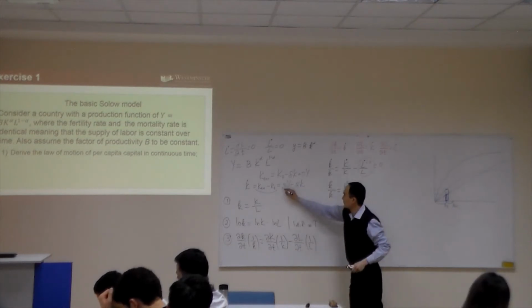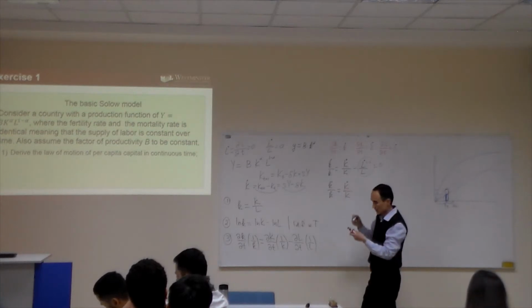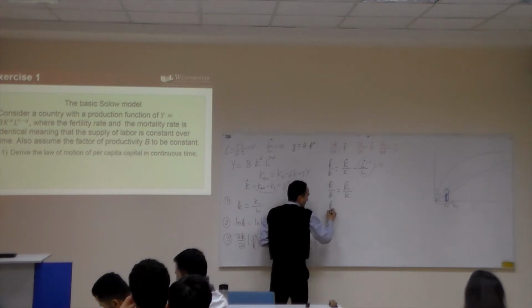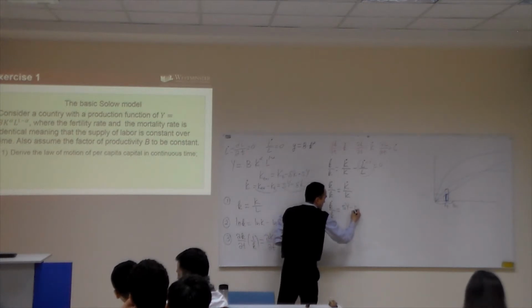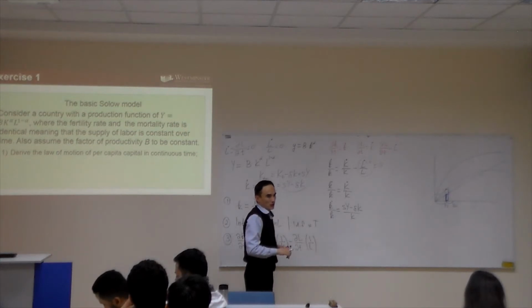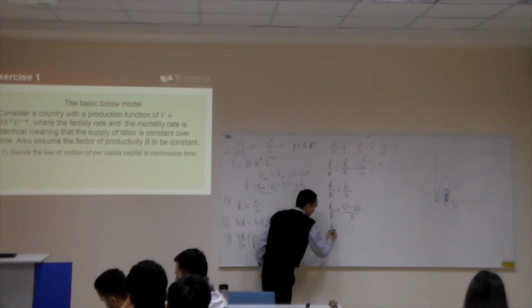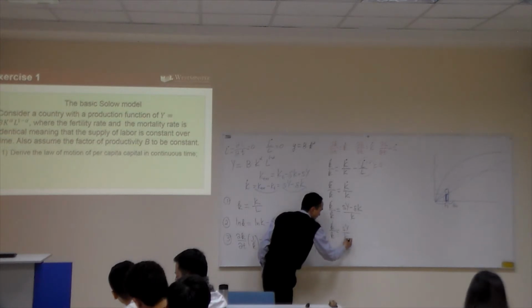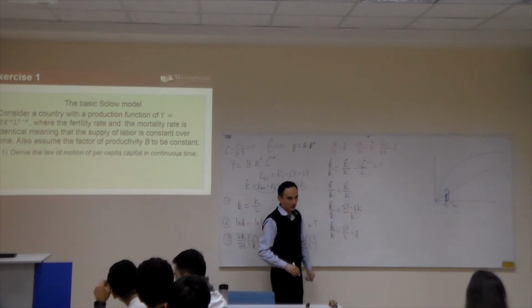So now we will plug this investment minus depreciation in instead of this change. If you plug it here, you will get change in per capita capital over per capita capital is equal to investment minus depreciation over capital. Then if you simplify it further, change in per capita capital over per capita capital is equal to investment over capital minus depreciation, right? Because these two capitals will be cancelled out. Okay?